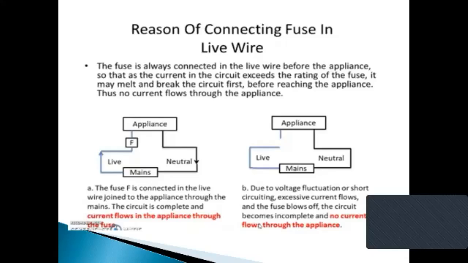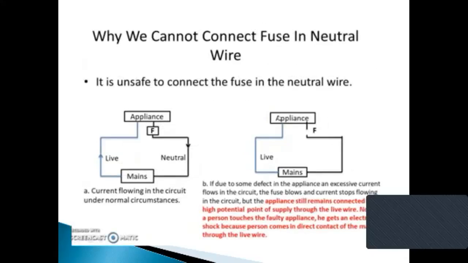Now let's understand what happens if we don't connect the fuse in the live wire and instead connect the fuse in neutral wire. You can see in the second diagram that the appliance is directly connected in the live wire.